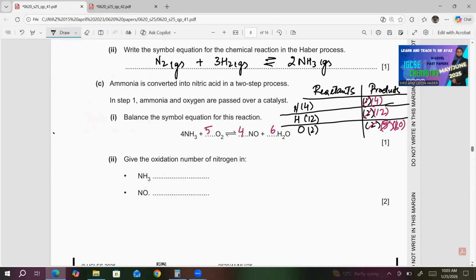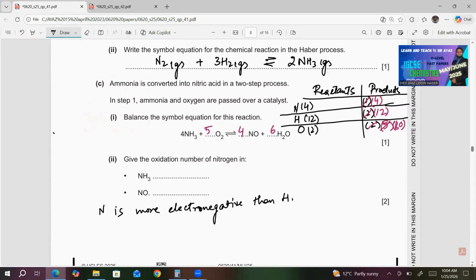Give the oxidation number of nitrogen in NH3 and NO. Now nitrogen, N, is more electronegative than hydrogen, H, which means it has more power to attract electrons.